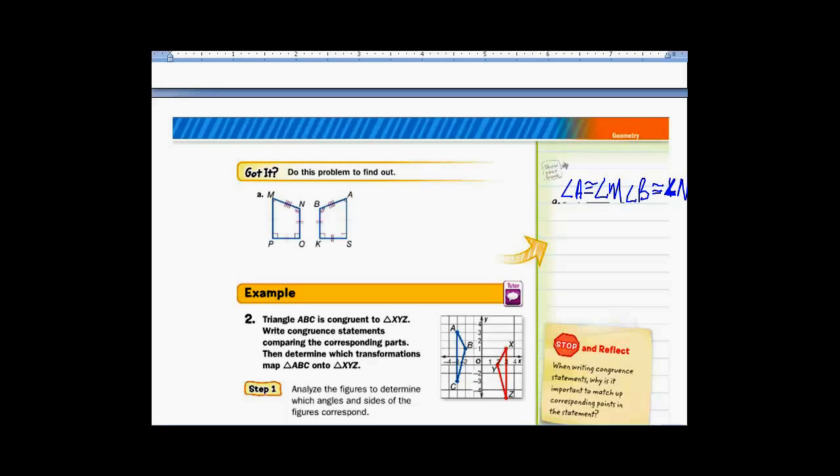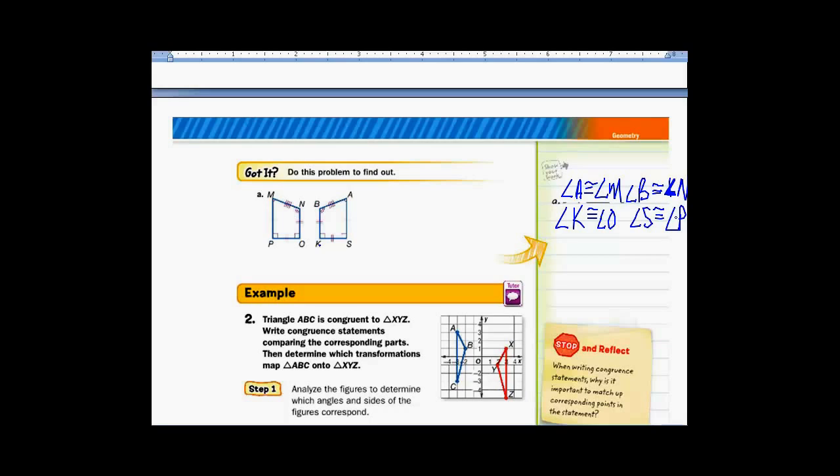Let's make it correctly. After that, we have angle K is in the same spot as angle O, corresponding angles. And then last one, we have angle S corresponding to angle P. All right, now let's talk about sides.